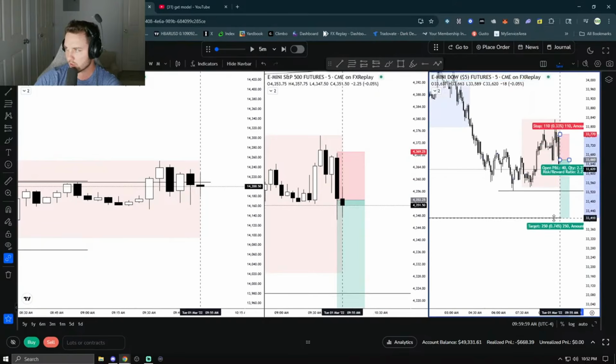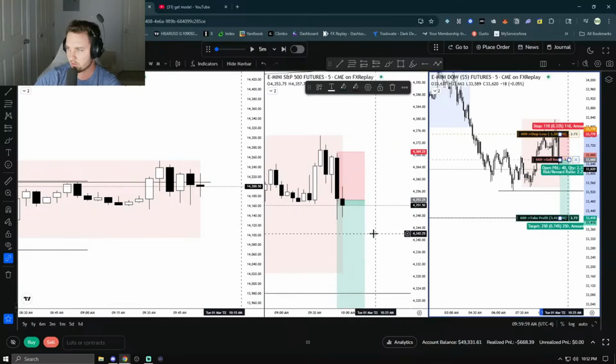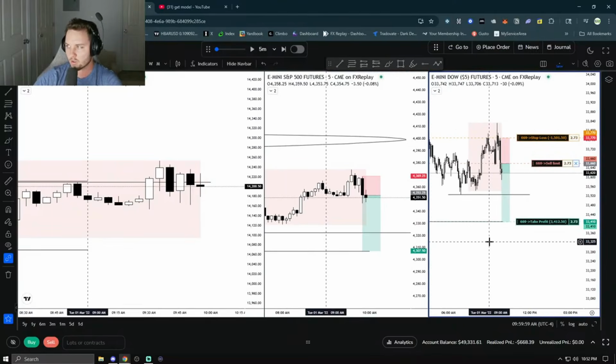Do we have proper R? Yeah, I mean it's 2. Okay, so what do we want to see here? We want to see 10 a.m. open high, create a small wick, and then displace lower.